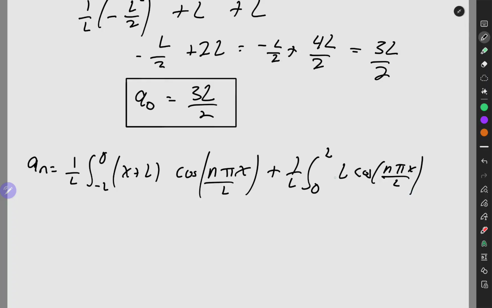I can tell you right now, because we know these cancel, this is 0 because sine of n pi is 0. When you integrate, sine of 0 is 0, and you plug in L here, which gives n pi, and sine of n pi is 0.